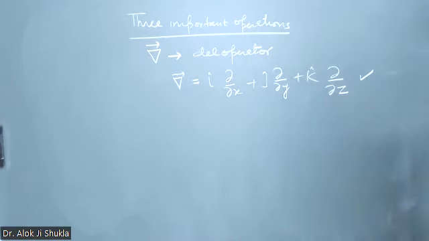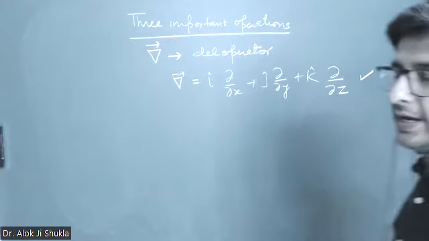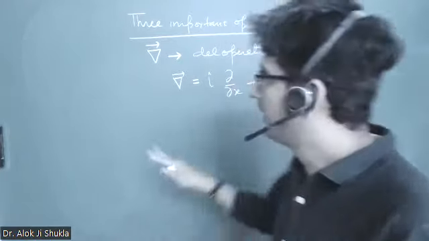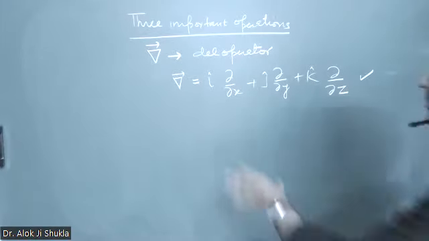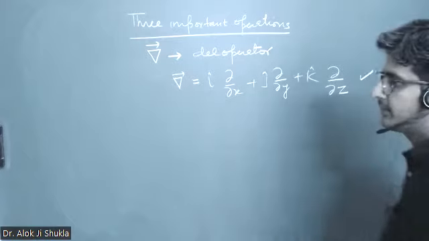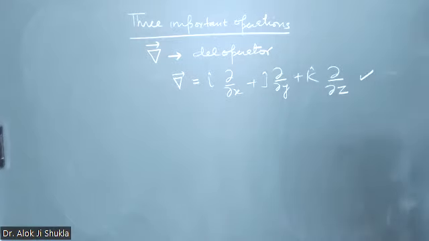This is the del operator, so important. And also del square. Del and del square both are used extensively in vector calculus. This is an operator, so it will operate on some field.